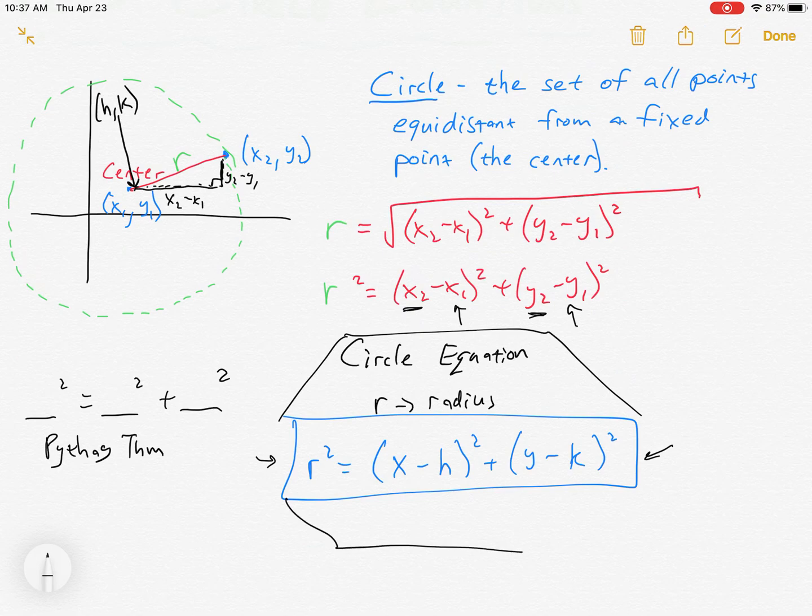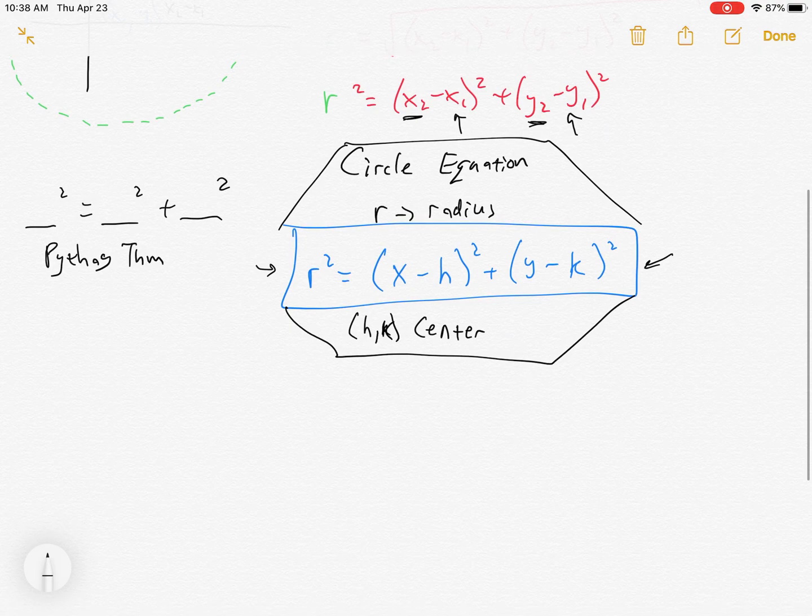And so I have this new form that does not have subscripts to deal with. And so this is the circle equation. And I should make one more note, which I've already mentioned, that the h, k is the center of the circle.